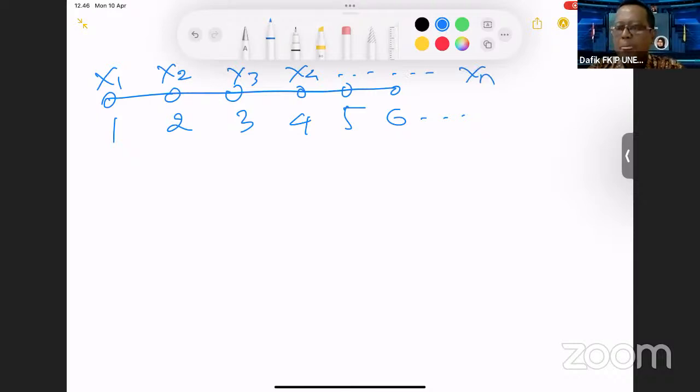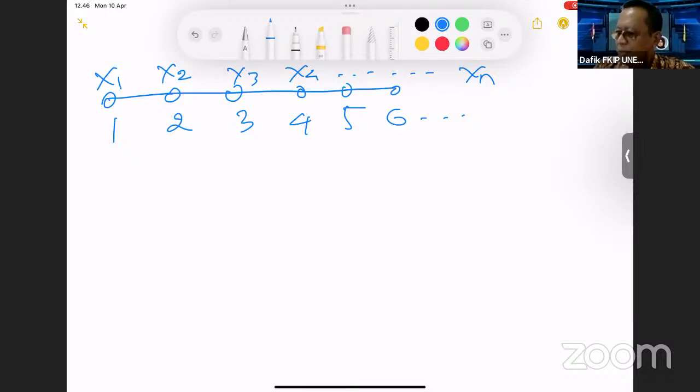Now we can develop a function in such a way that whenever people ask about the label of a certain vertex, we just use that function and get the answer.